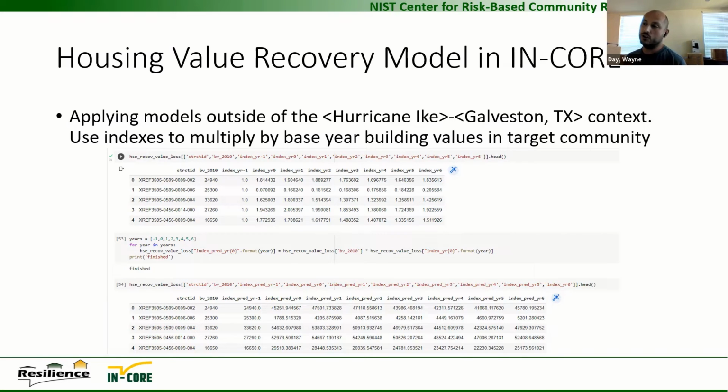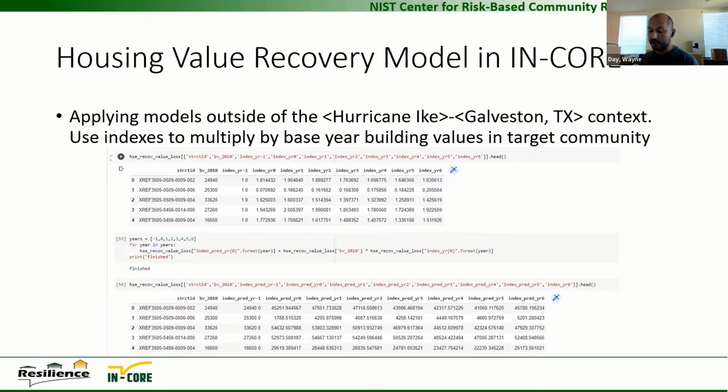Because what you're essentially doing is, you've got a community that hasn't been impacted by a disaster, or maybe just got impacted by a disaster, and you want some kind of expectation of how building values might be impacted from the damage, and also the recovery trajectories of those building values.